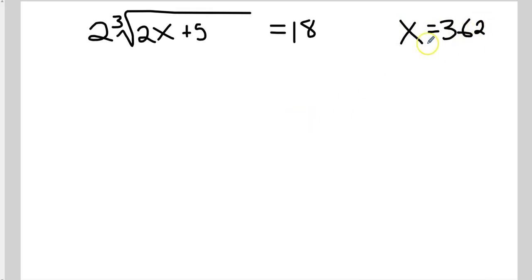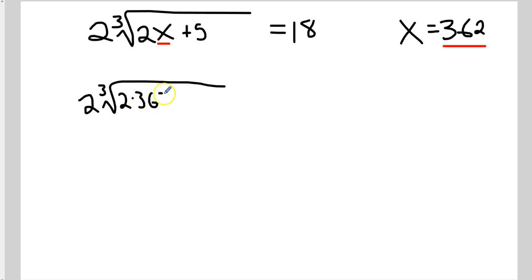So what we're going to do, we'll take our 362 and plug it in for x. So on the outside we still have 2 cubic root of, and we get 2 times 362 plus 5. All we're doing is replacing that x value. It's still equal to 18.